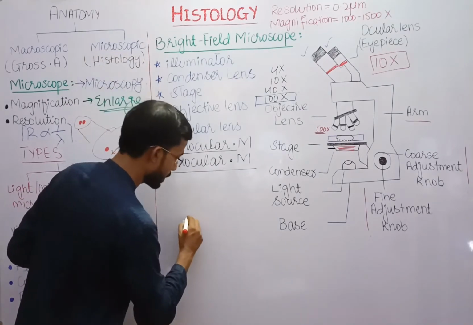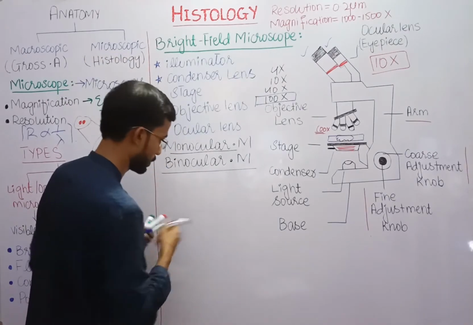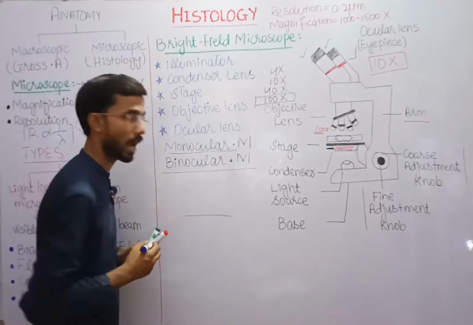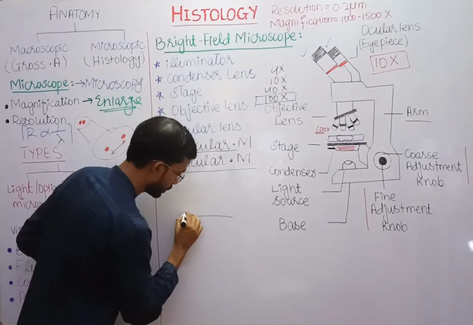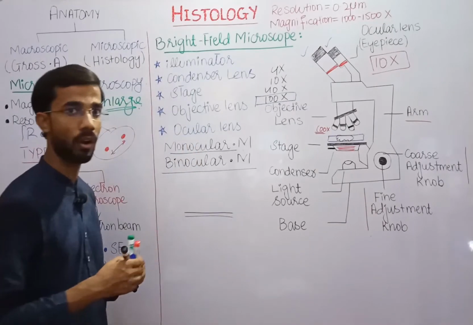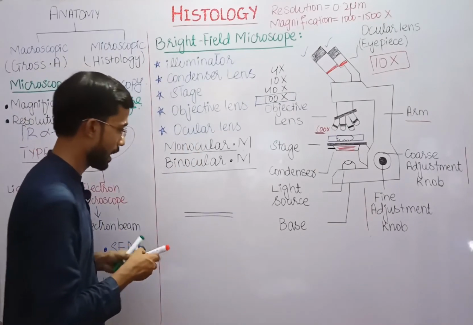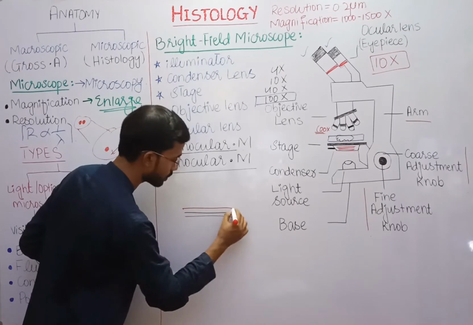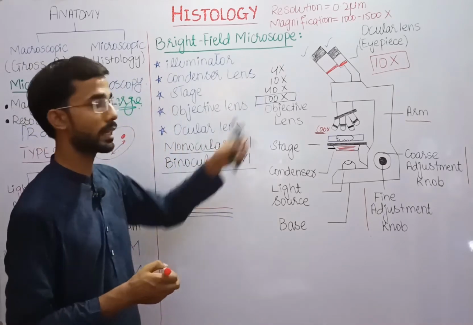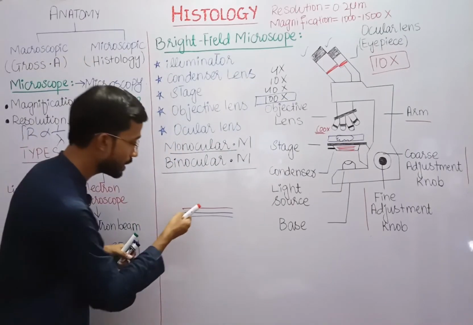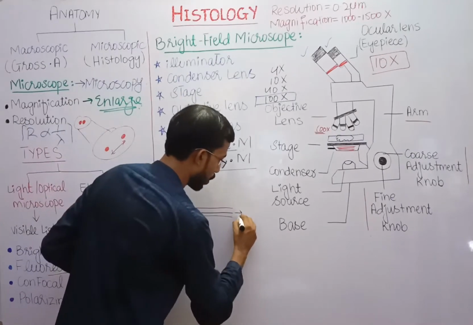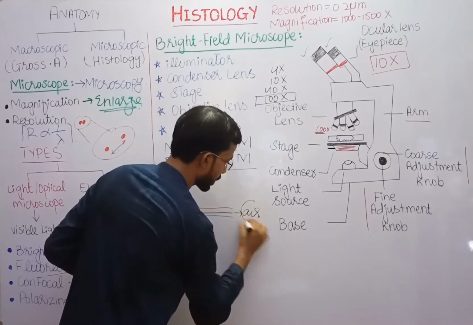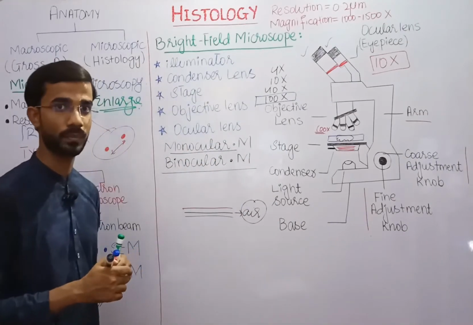Like this is a slide, this is the layer of oil, and this is, let's suppose, the 100x lens, and there is no chance of air present between them.